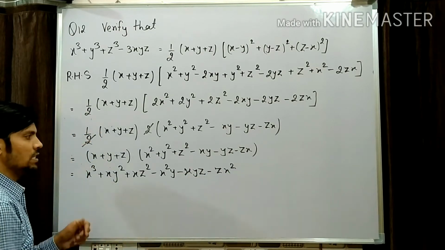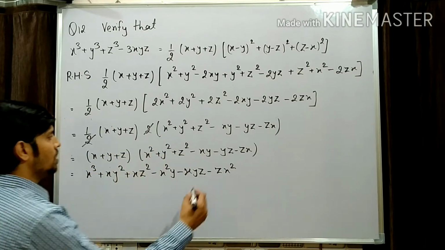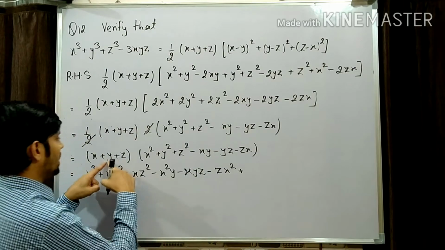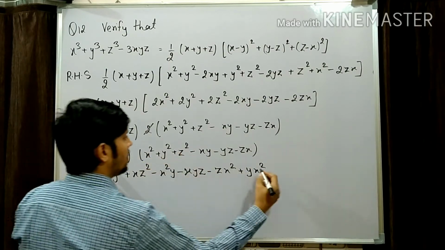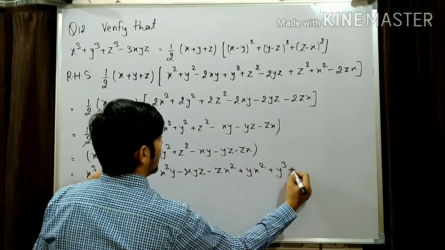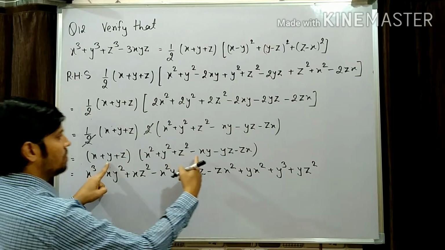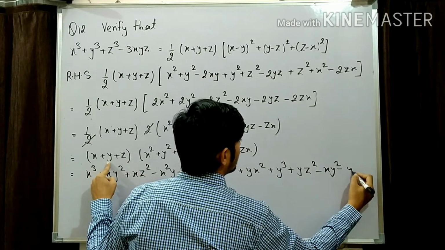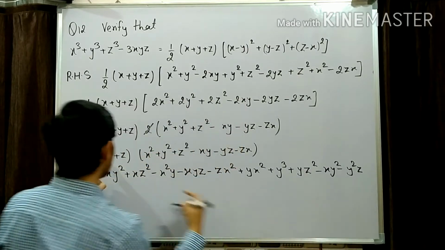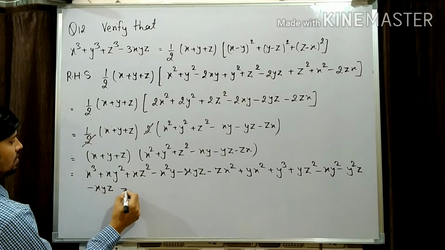Now similarly, as I have multiplied all the terms by x, we will multiply all the terms by y. y gets multiplied by x square, yx square. y multiplied by y square, this is y cube, and this is yz square. y gets multiplied by this, minus x y square, minus y square z. y multiplied by this is minus xyz.